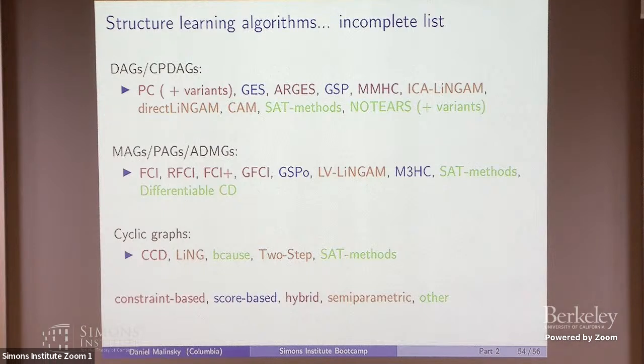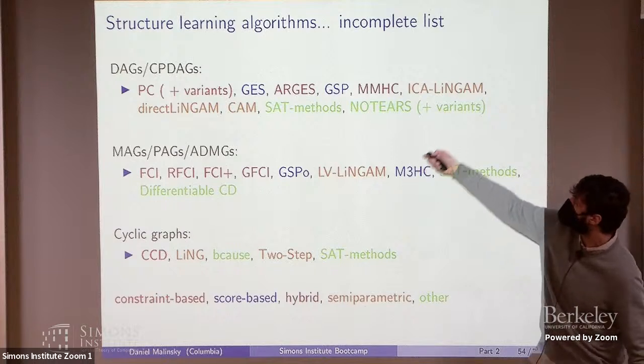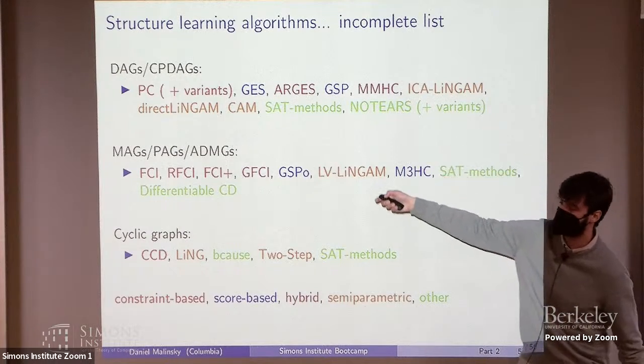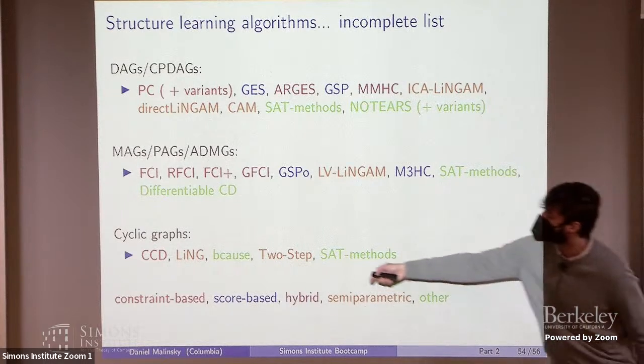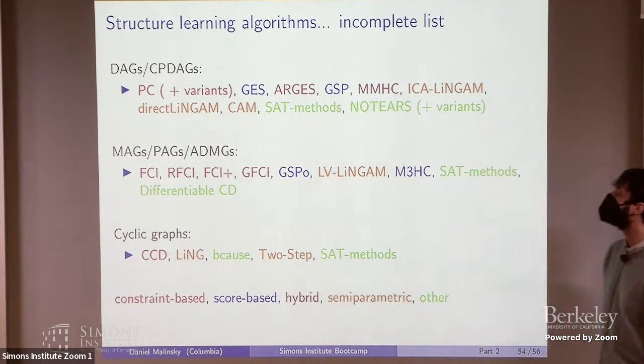You have approaches that are score-based, like GES, or these two algorithms I just described, the sparsest permutation algorithms, as well as stuff based on max-min hill climbing. You have approaches based on the semi-parametric assumptions we just discussed, including ICA-LiNGAM and other LiNGAM-related variants. And there's a version of LiNGAM for cyclic models that's just called LiNG.